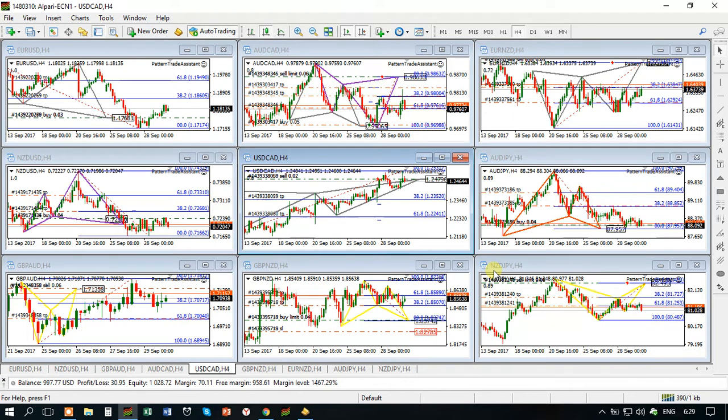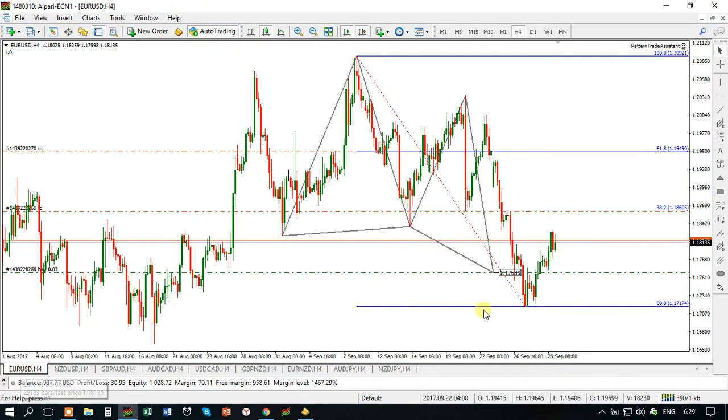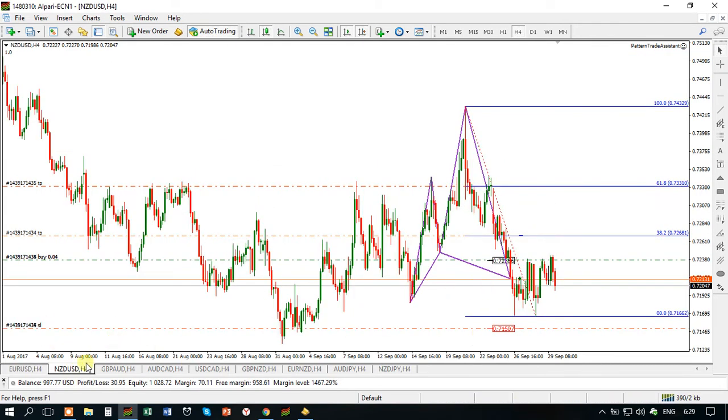Okay, so let's start from the trading opportunities that I have on my radar. The week ended this way. We didn't hit any targets on euro dollar yet, so well, just waiting, doing nothing. Same with New Zealand dollar. It is staying around this entry level.